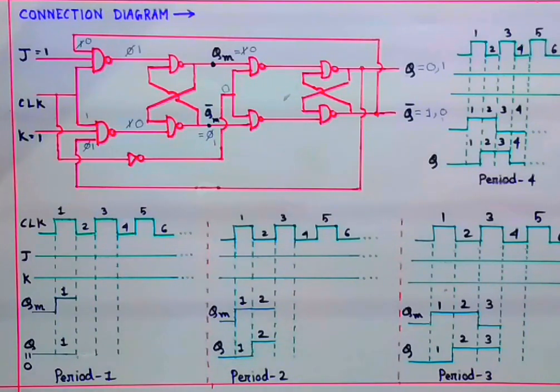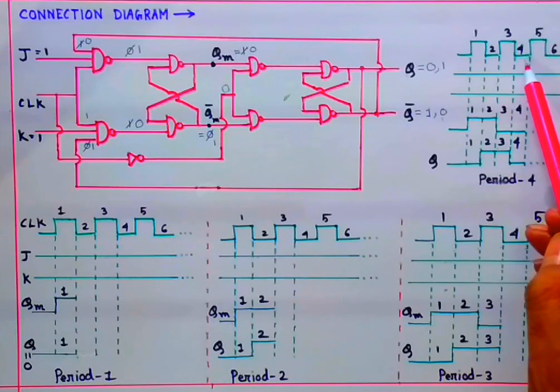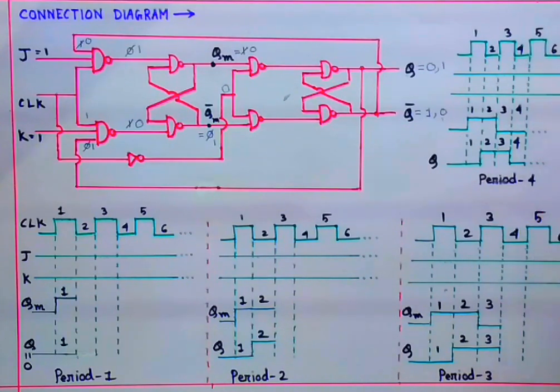Now we will examine what will happen at period 4. During period 3 the output of QM and Q was 0 and 1, and during period 4 the clock signal goes to low.